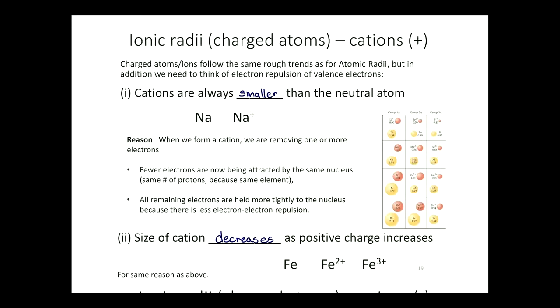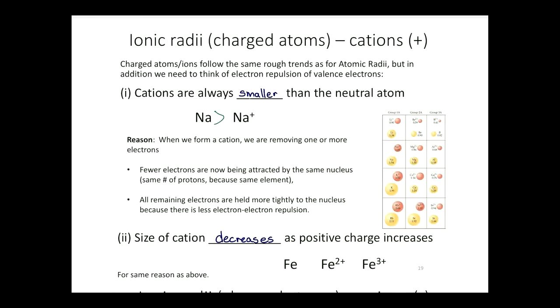The real reason is that if we remove an electron, we remove repulsion. So there's going to be more contraction because there are fewer electrons being attracted by the same nucleus. The rule here is that cations are always smaller than the neutral atom. Remember, electrons define the size of the atom.